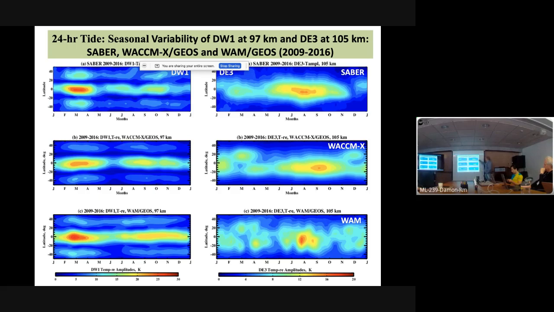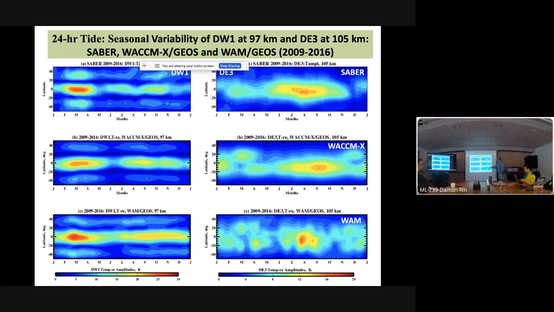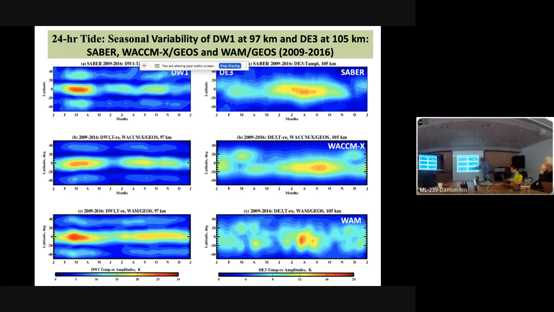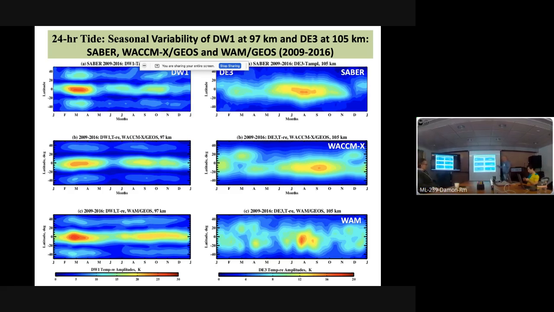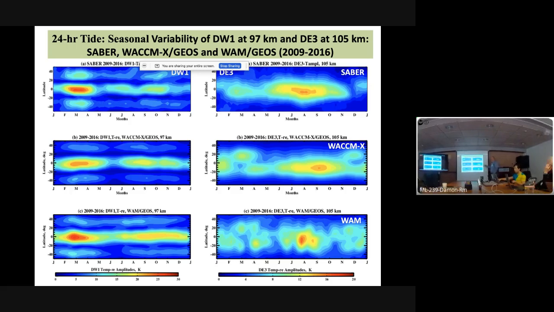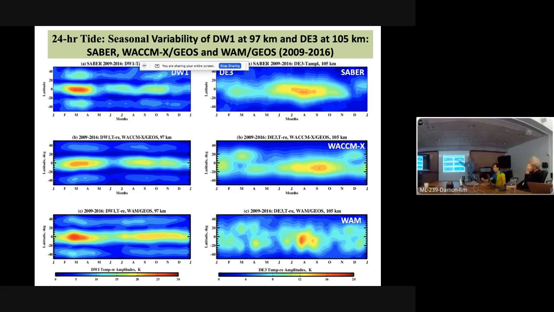For the non-migrating diurnal tide, if you compare SABER, WACCM-X and WAM, you can see the maximum is approximately the same, a little bit later toward September in WACCM-X. What's interesting to me is that both models produce a similar shape of seasonality during these years, which SABER doesn't produce.